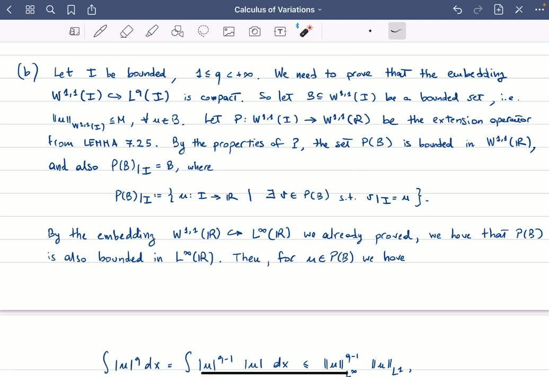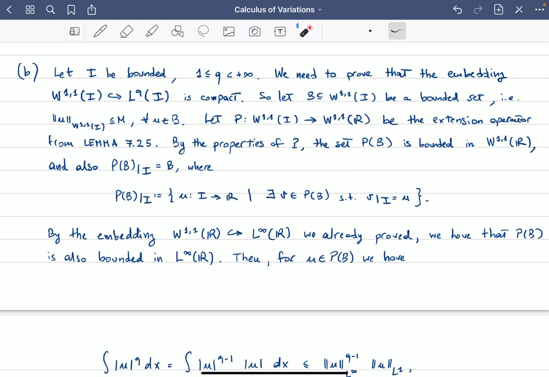This is just a fancy way to say that if we take a function here and we restrict it to I, we get back a function of B by the properties of the extension operator.